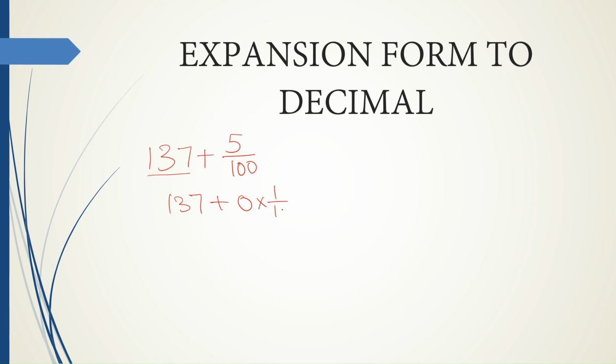There is nothing, so we will write 0 into 1 upon 10 plus 5 into 1 upon 100. So write the whole number part, after that keep the decimal point. In tenths place, it's 0, so we'll write 0, and in hundredths place we have 5. This value is nothing but 137.05.